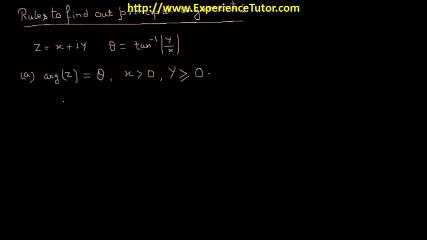Next, argument z will be equal to pi minus theta when x is smaller than 0 and y is greater than or equal to 0.